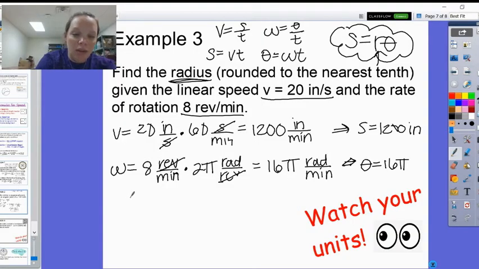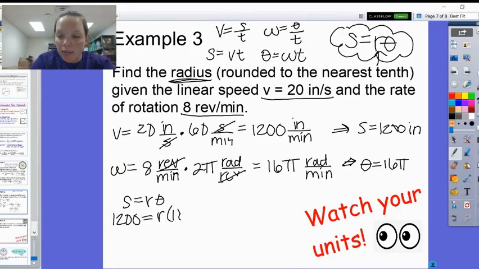If s equals r theta, then I have 1,200 equals r times 16 pi. It's really hard to write with one of these styluses, so thank you for being patient with me. We're going to divide both sides by 16 pi.